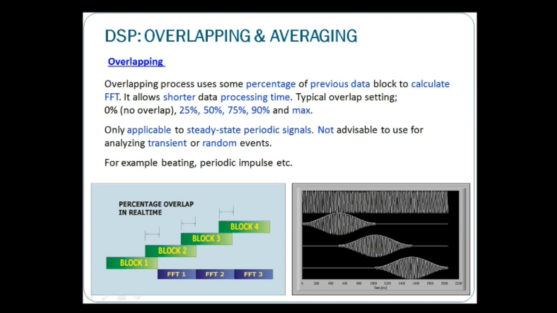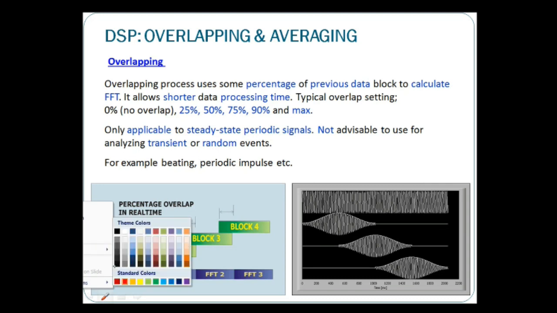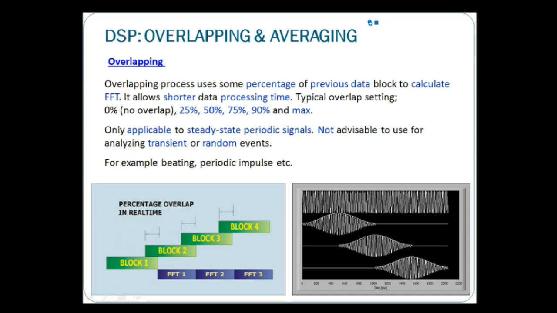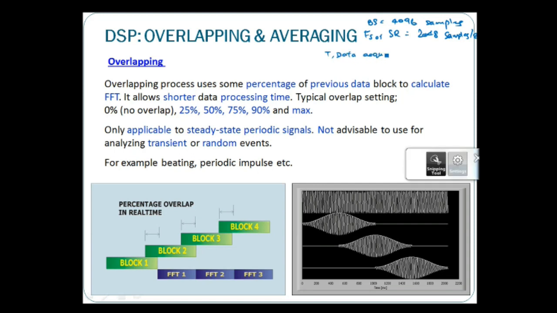Let's take one example. The block size is 4096 samples, and your fs, or sampling rate, is 2048 samples per second. From what we have learned, your T, or data acquisition time, is BS over fs, so 4096 over 2048 equals 2 seconds.